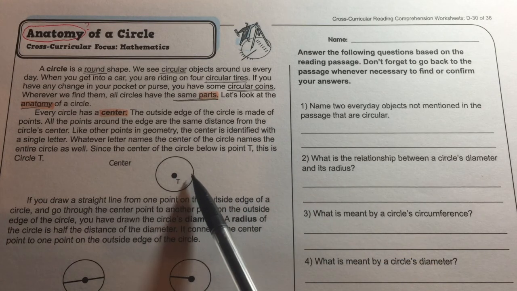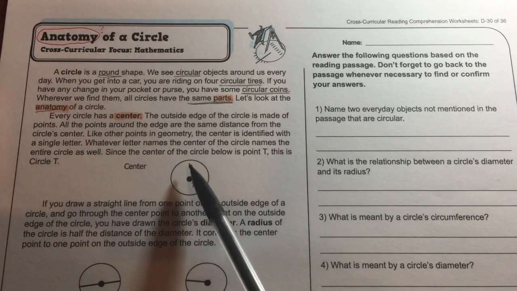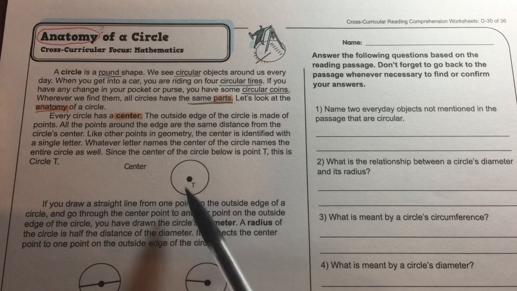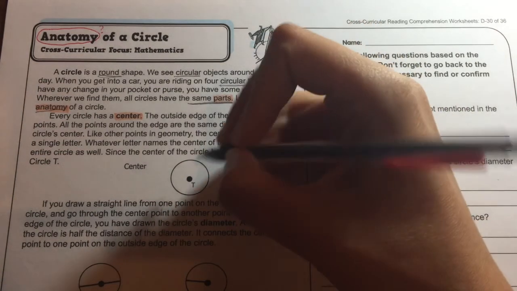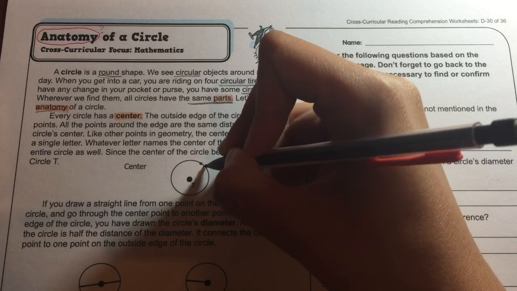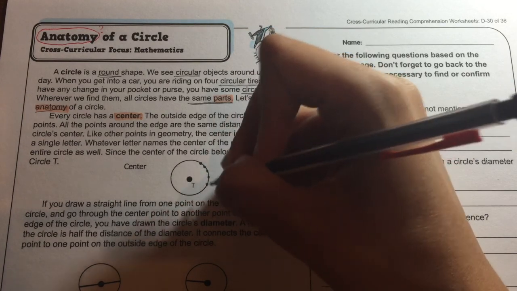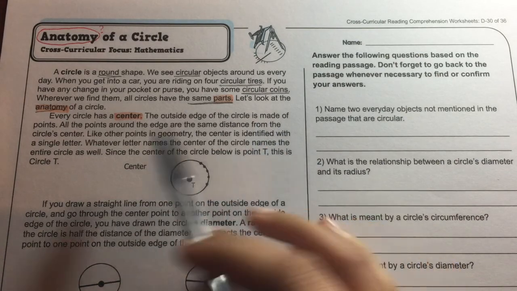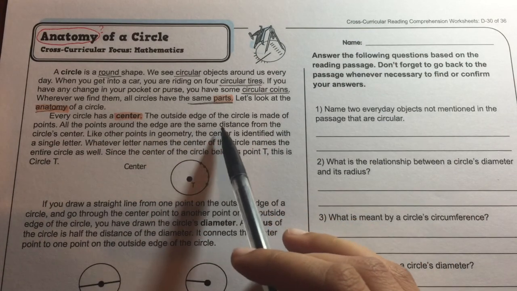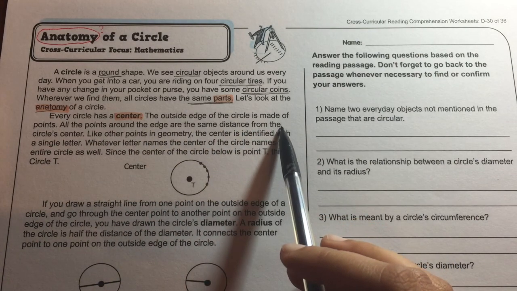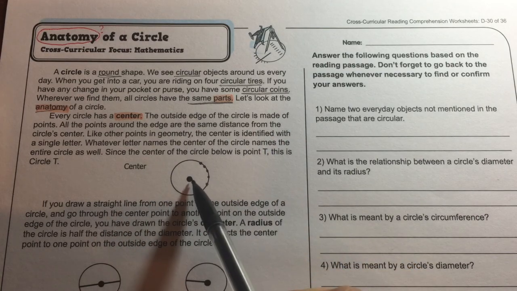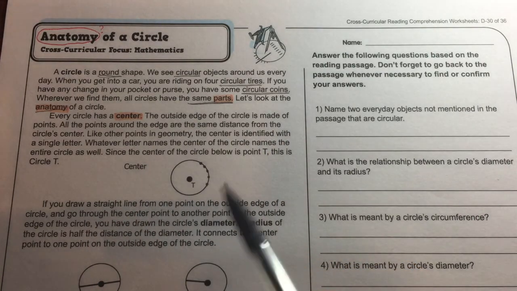Okay, I think we can use that diagram to help us. It's saying the outside edge of the circle is made of points. Let's try drawing that in. Maybe that would help us. They're saying these are made of points. All the points around the edge are the same distance from the circle center. So it says here this is the center, right?